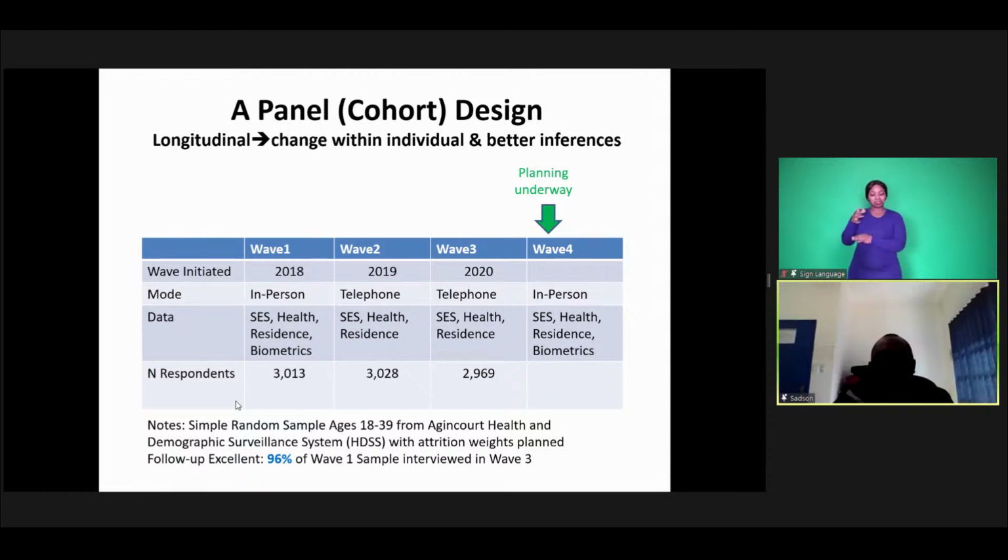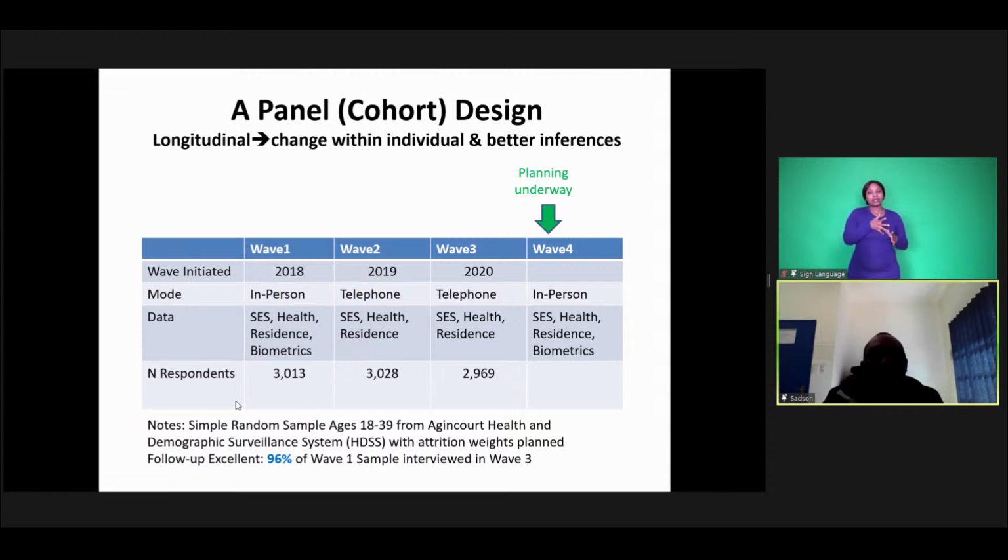I think Karen yesterday talked about the different waves of the project, like wave 1, wave 2, and wave 3, and then waves 4 to 5. In wave 1, we did a face-to-face encounter, collecting different measures and information from participants, and biomarkers and the dry blood spot.